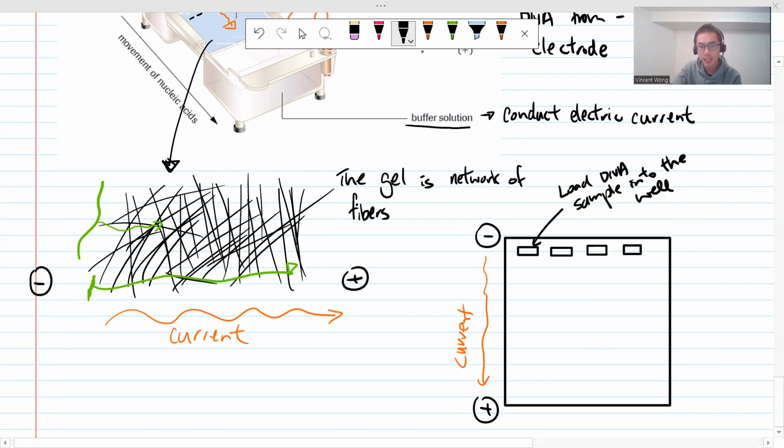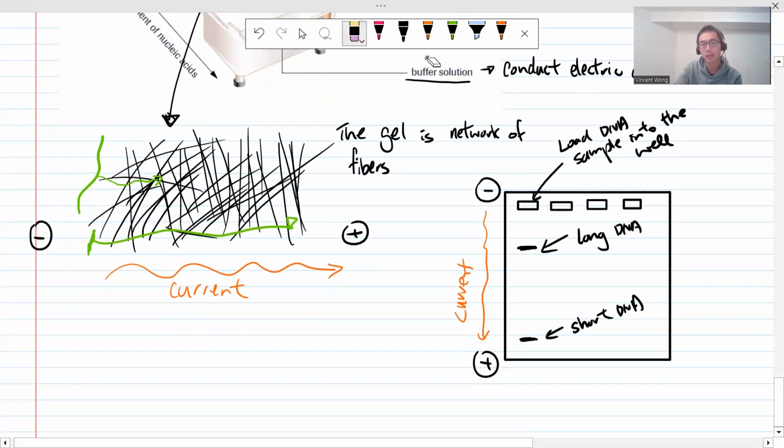The longer DNA will not be able to go, like, this is the lane. You're not going to be able to go sideways like that. You've got to stay in your lane. The DNA has to stay in the lane. So at the end, you will have the longer DNA here and then the shorter DNA. So that's long DNA, that's short DNA.